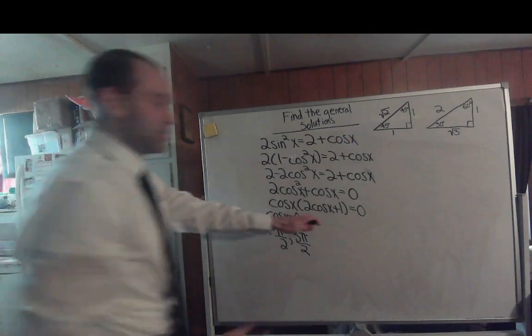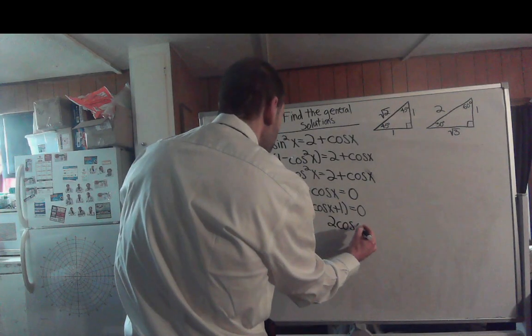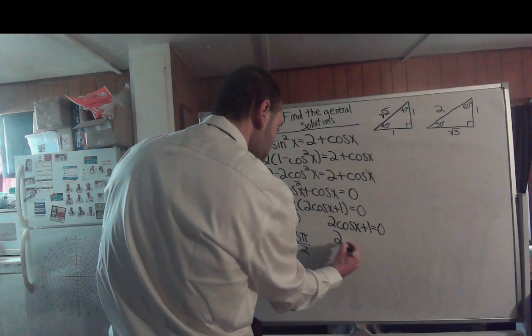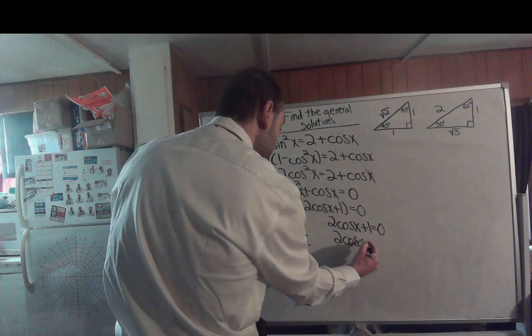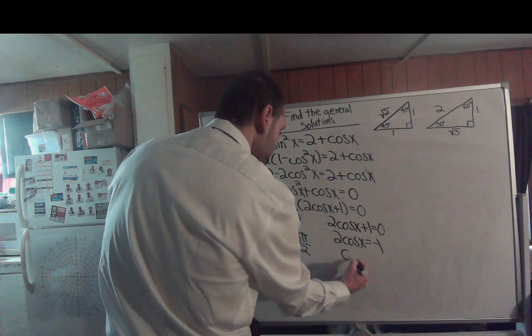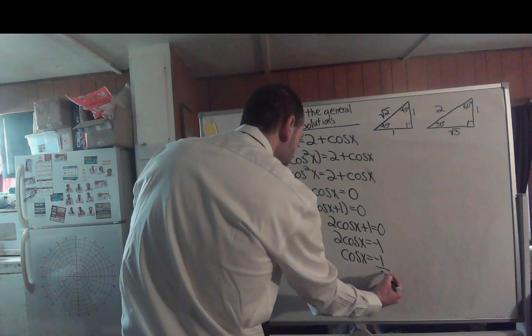Now then you can deal with 2 times the cosine of x plus 1 equals 0, which would give you 2 times the cosine of x equals negative 1. So then you would get the cosine of x equals negative 1/2.